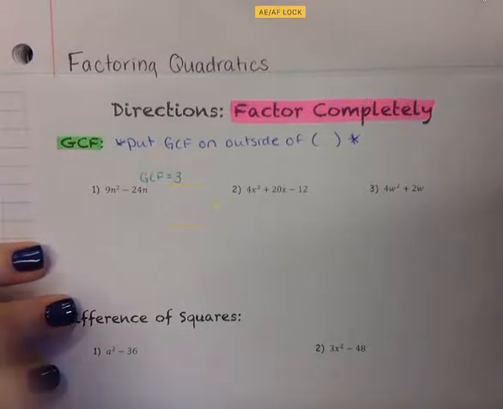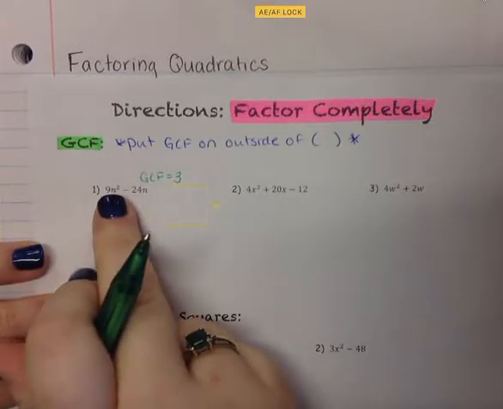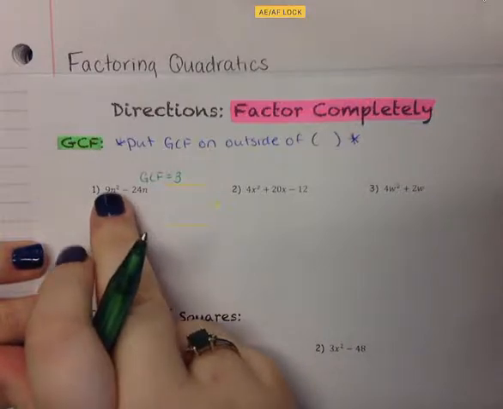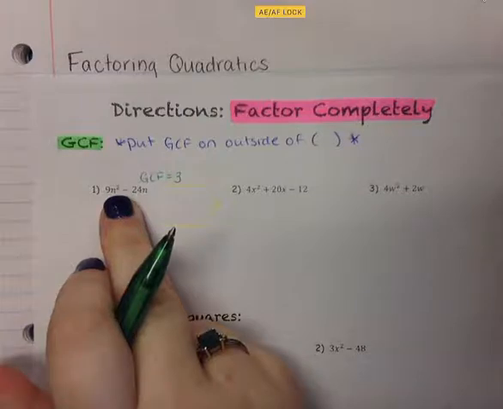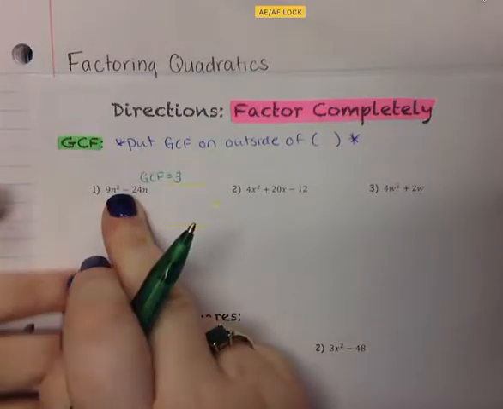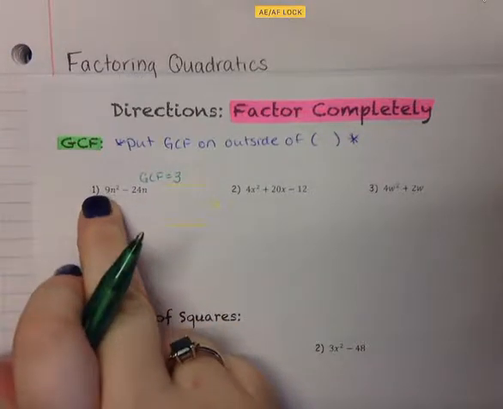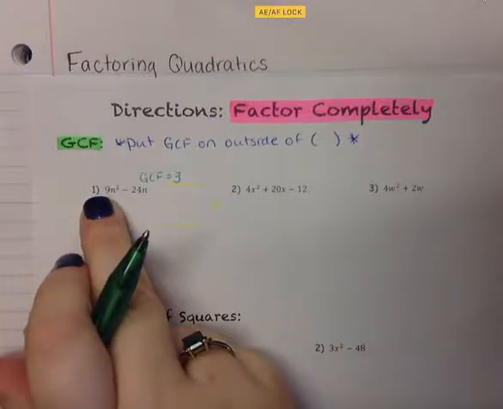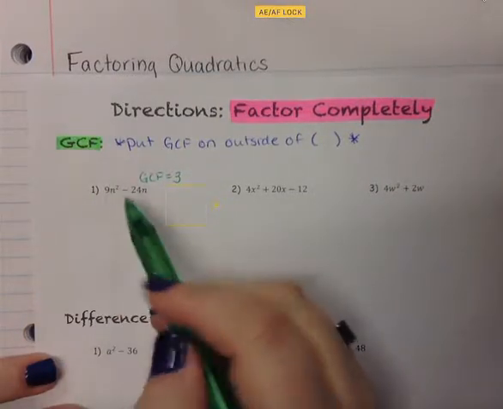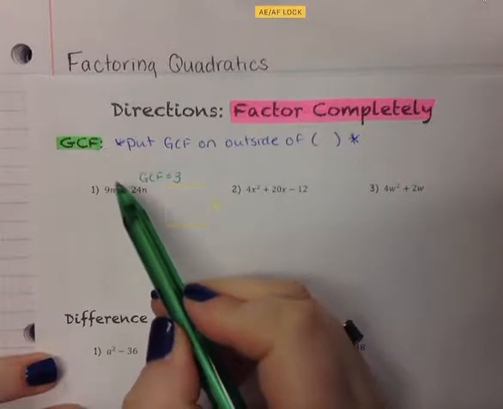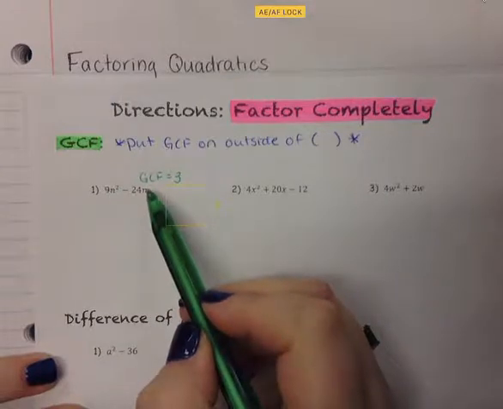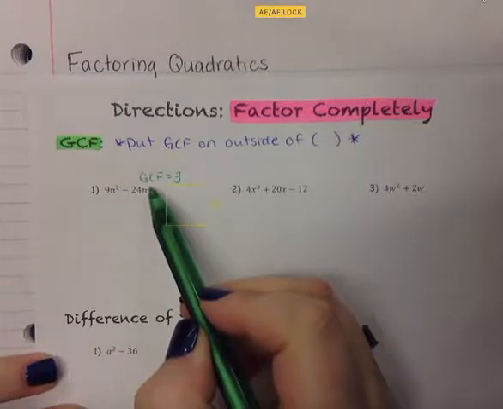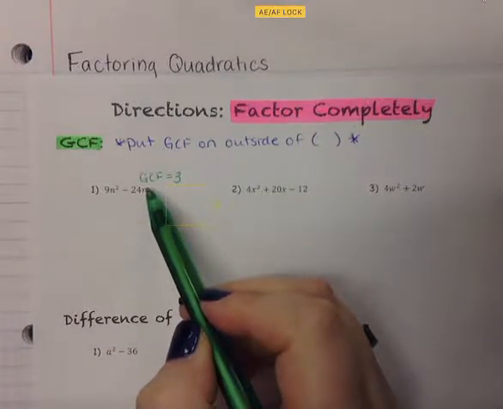That's the number. But as you can see, in both of these terms there is a letter, and it's the same letter. That means my greatest common factor will also include a letter. Just like we look at the smallest number for our greatest common factor, we also look at the smaller exponent, because if I'm going to divide letters, I have to subtract the exponents. This one has n squared. I only have n to the first power here, and I cannot do 1 minus 2 and get a whole number.